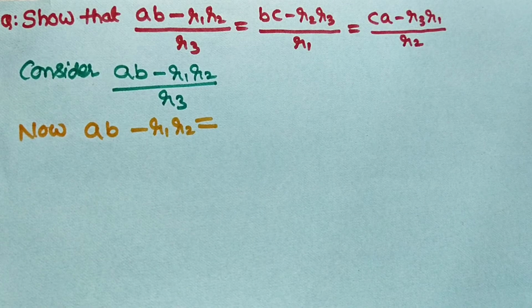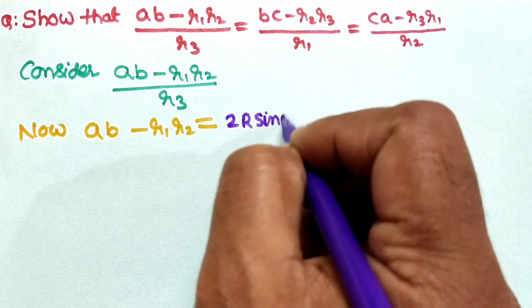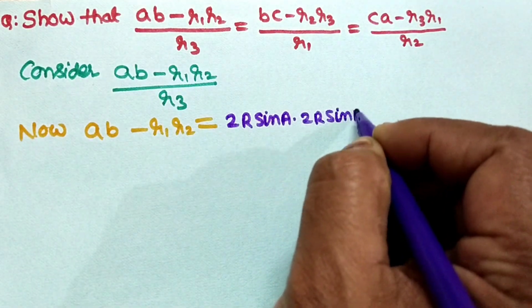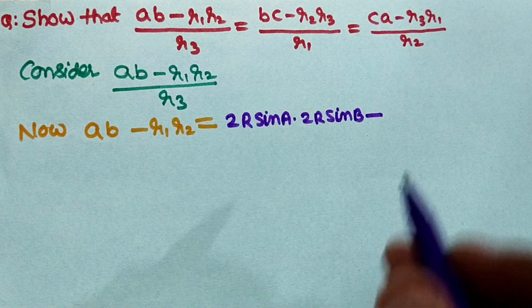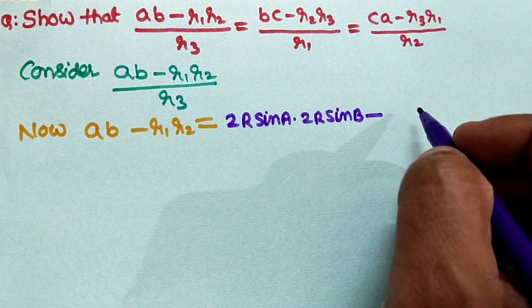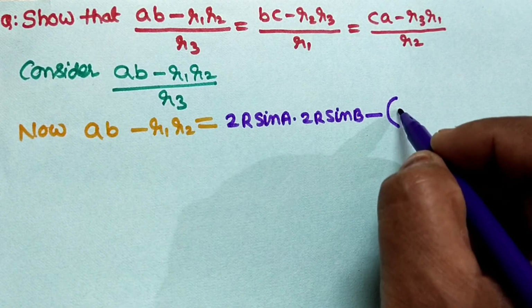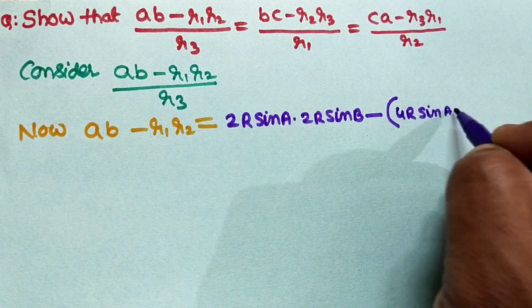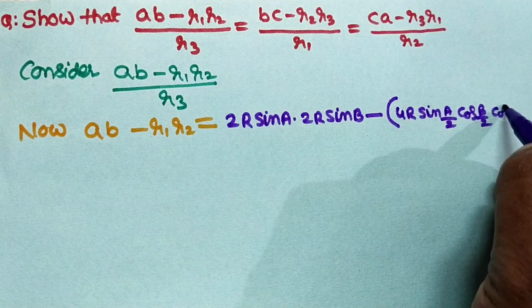A value is from the sine rule, 2R sine A, B value 2R sine B, minus R1 R2 value. Just now we discussed, na. R1 means first term will get sine, remaining cos. Keep bracket, 4R sine A by 2, remaining is cos, cos B by 2, cos C by 2.